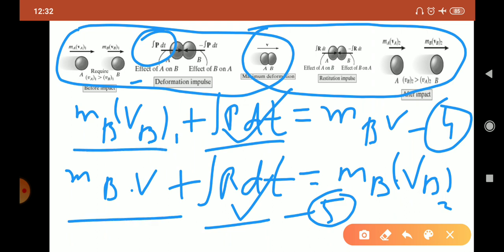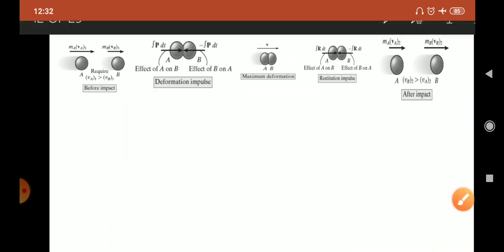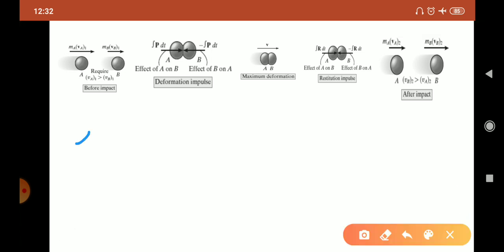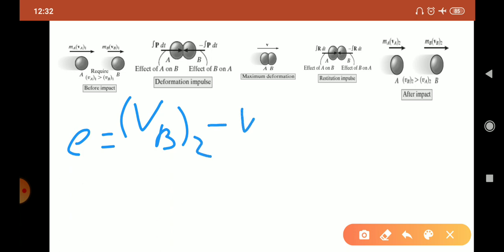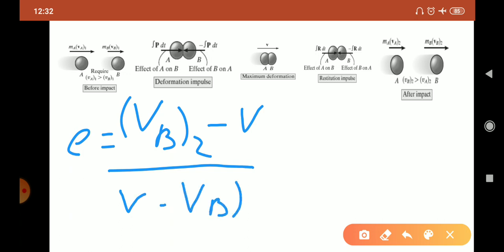After getting this, again we'll find the value of E. So E will be, this time, VB2 minus V upon V minus VB1, because the mass will be cancelled out. Let this equation be equation number 6. So this is how we'll calculate E values for both bodies individually.